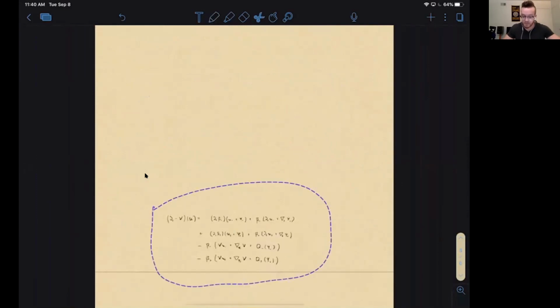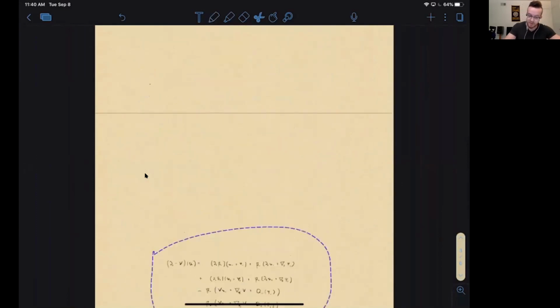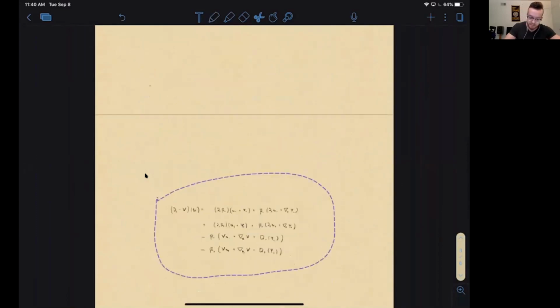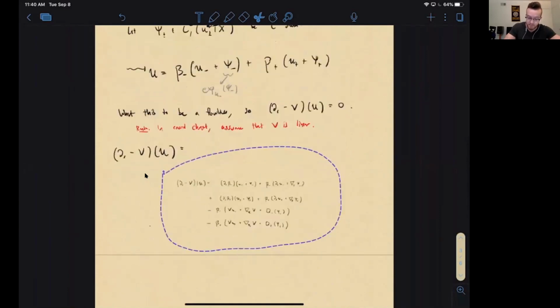So it's basically just the product rule.